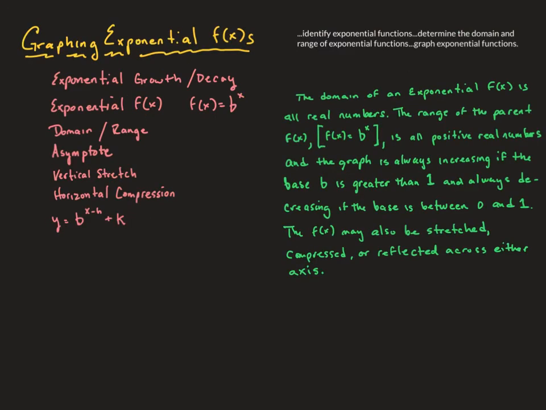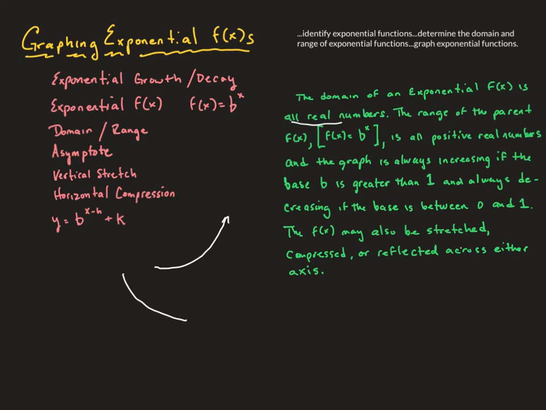All right, so as we're graphing these exponential functions, being able to identify what an exponential function looks like, determining the domain and range, remembering that the domain is going to be all real numbers. And then exponential growth is going to look like something like that.